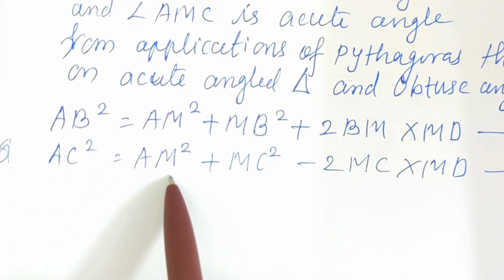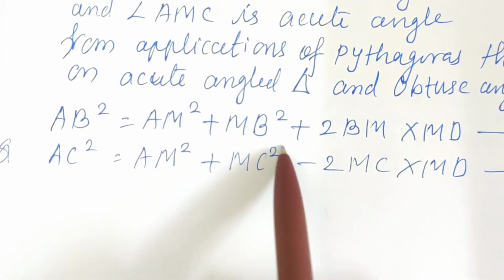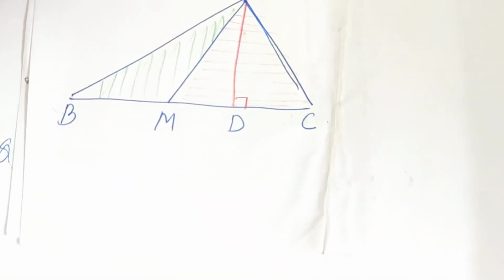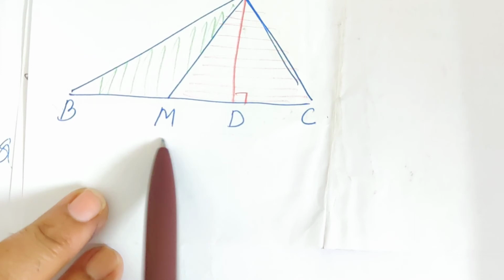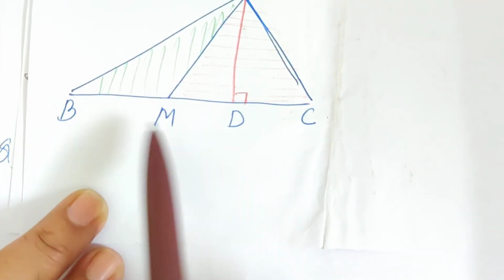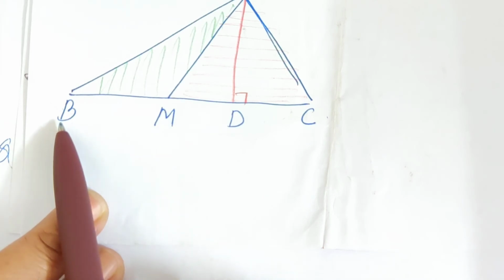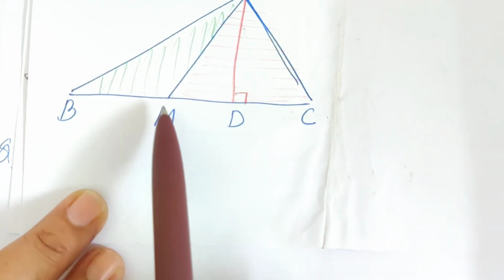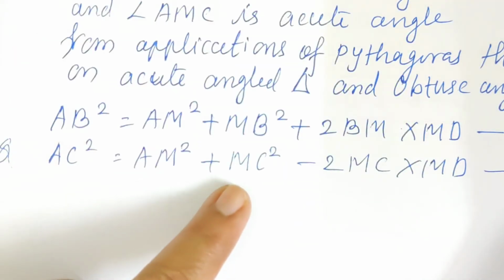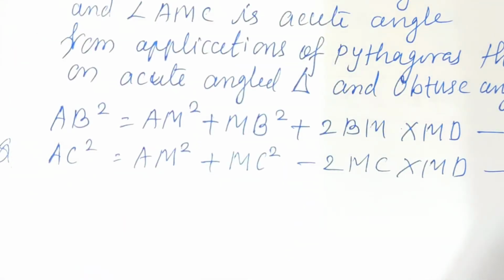AC square is equal to AM square plus MC square. This MC, here in the diagram you see, MC is equal to MB. That means MC and MB are equal to each other because M is the midpoint. So instead of MC we will take there MB or BM.